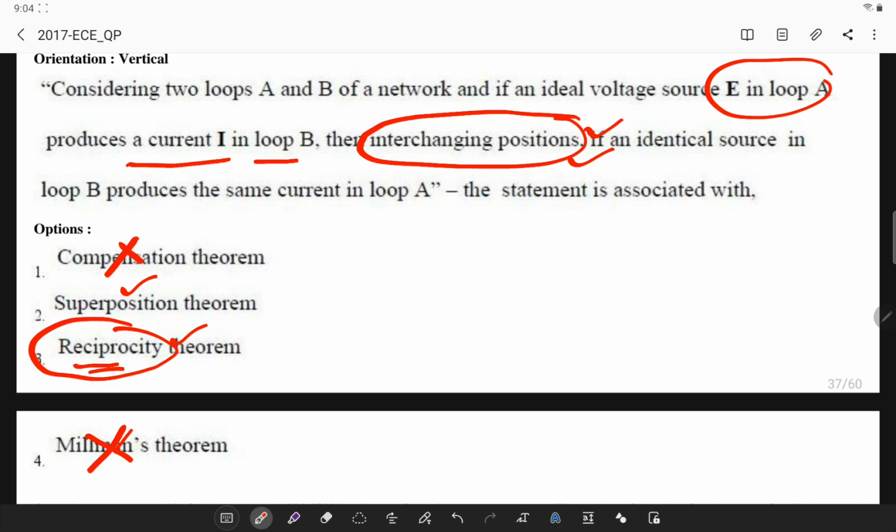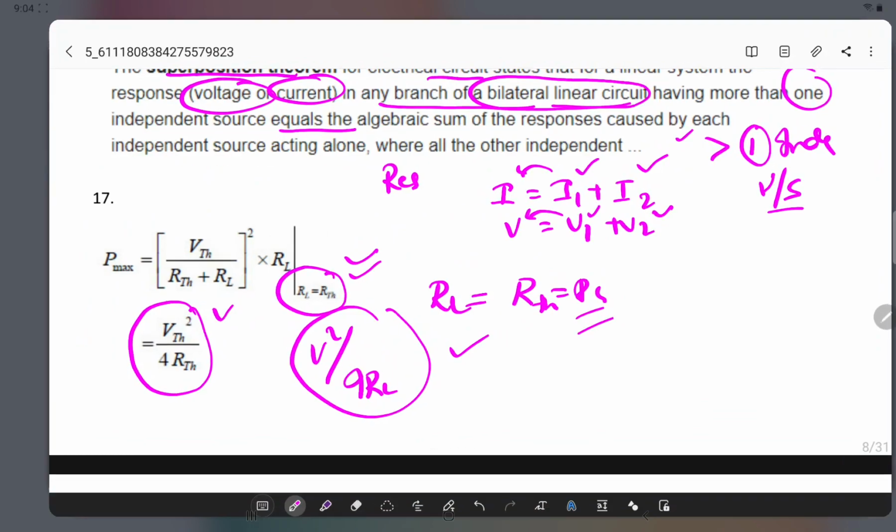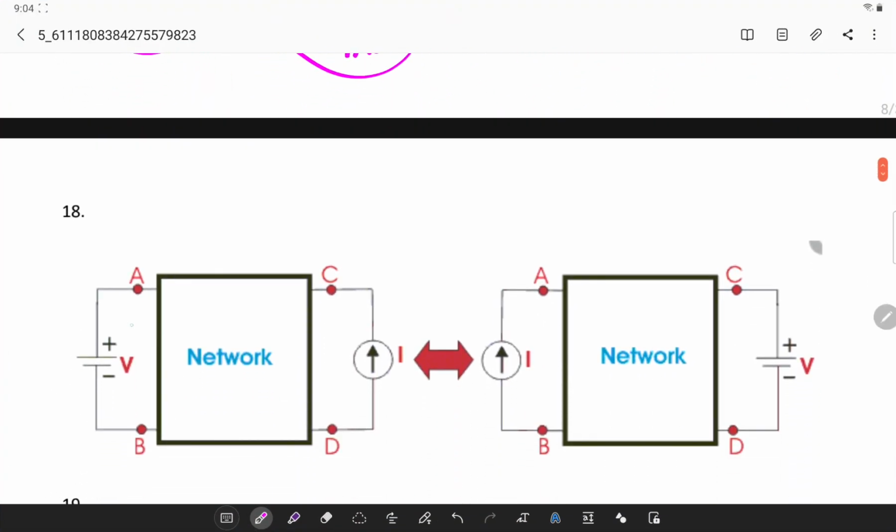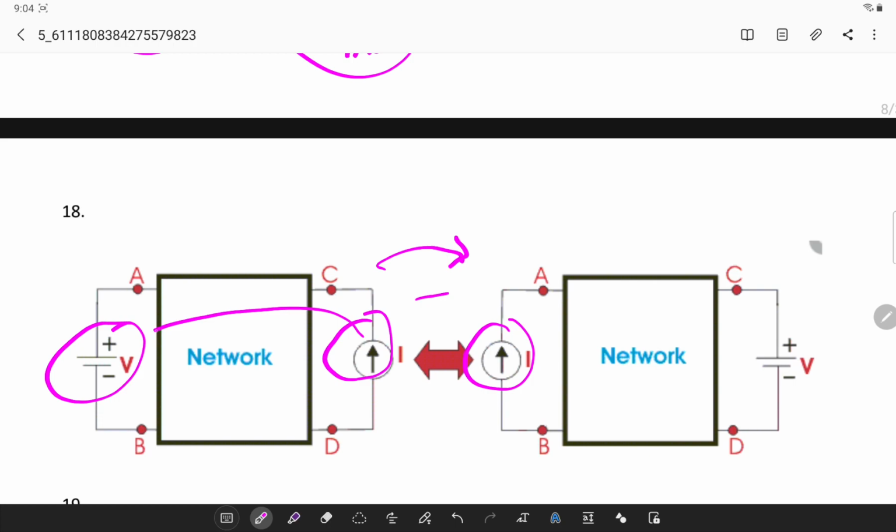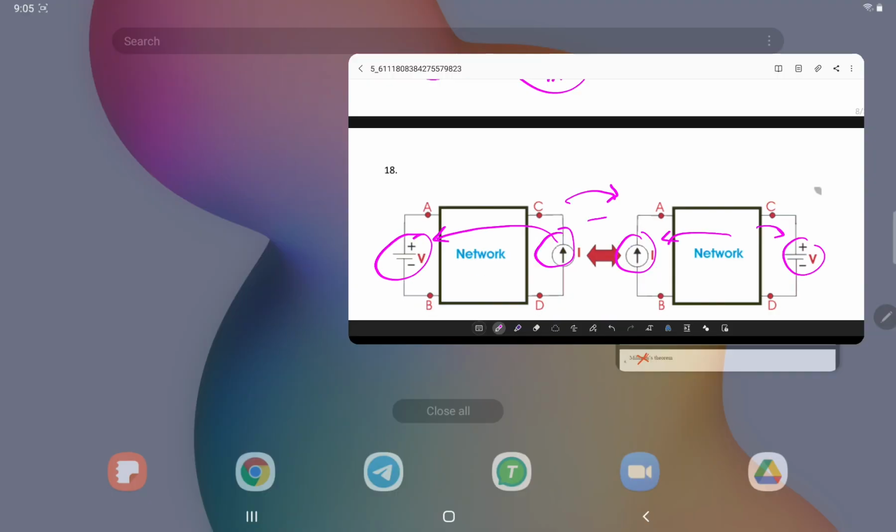Reciprocity is the only theorem where you change the sources. Symbolically, if this is a circuit in which I have a voltage source and a current source, the functionality is very much similar when I interchange the current source and voltage source to input and output terminals.